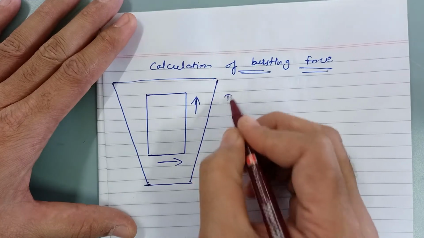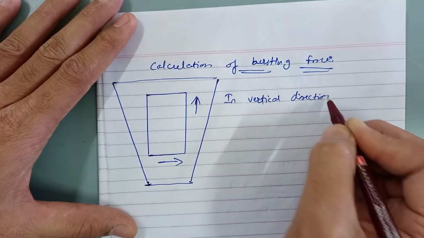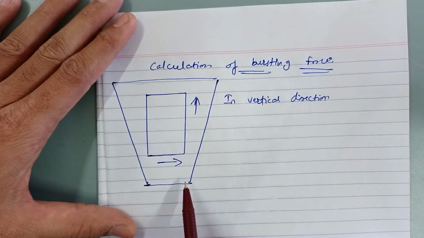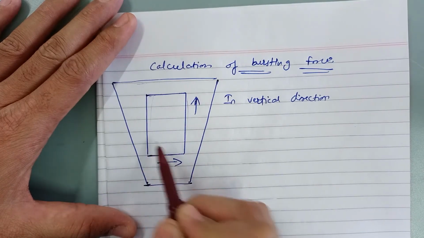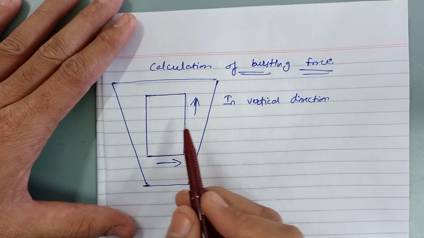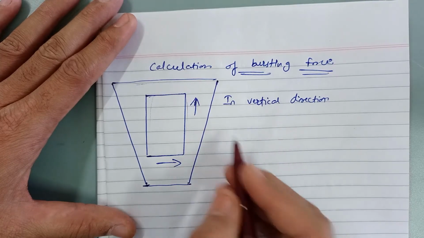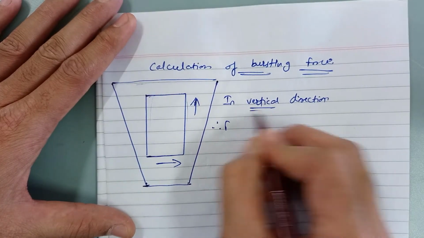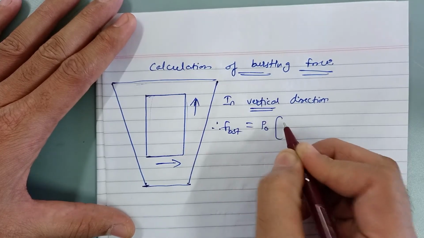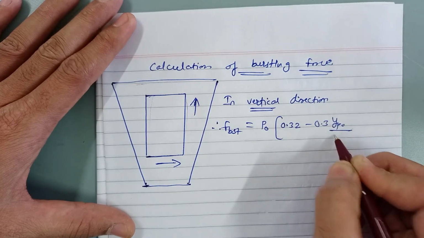Hence in vertical direction we will be calculating the bursting forces. This is our I section at the end, this is our bearing plate. Bursting forces will be induced due to the pre-stressing force at this section, and it will be determined in vertical and horizontal direction both. Hence, firstly in vertical direction, FBST is equal to P0 times (0.32 minus 0.3 YPO divided by YO).